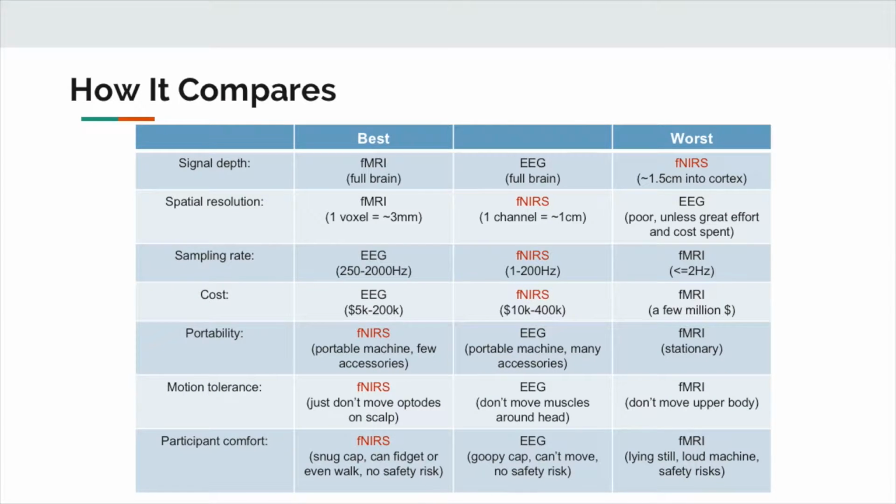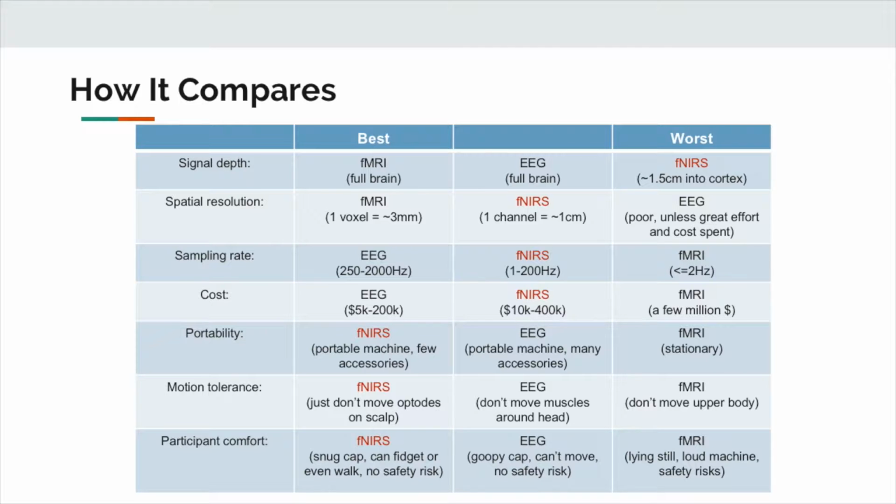Here's a more detailed chart that gives you more information compared to MRI and EEG. On the left of the table are some variables you might care about in running a neuroimaging study, and I tried to rank them from best to worst.